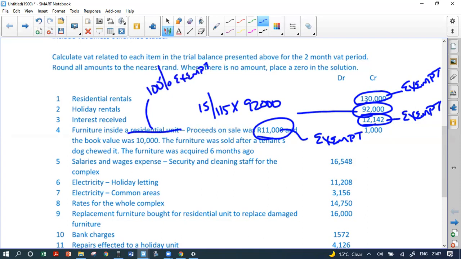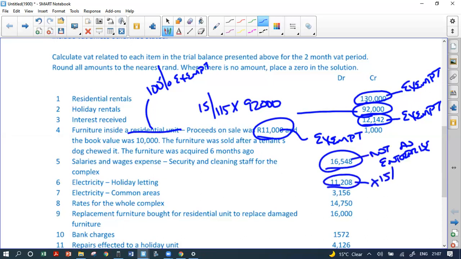It says salaries and wages expense. So it says security and cleaning staff for the complex. Okay. What have we learned with salaries and wages? Not an enterprise. Please, it's not exempt. It's not an enterprise. Electricity, holiday letting.